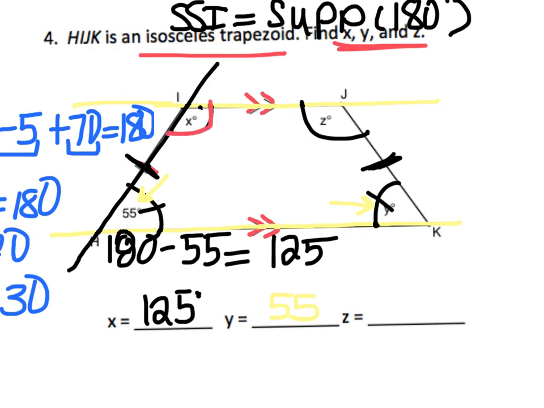And if X was 125, that means Z is 125. So as long as it's an isosceles trapezoid, the two bottom angles are equal and the two top angles are equal. And then don't forget that the angles on the same side of a line, both inside the parallel lines, are going to be supplementary.